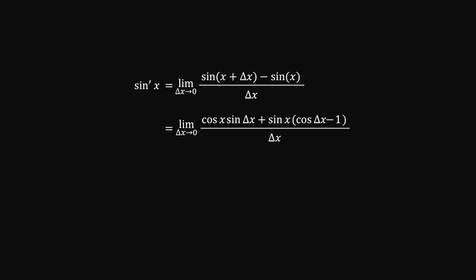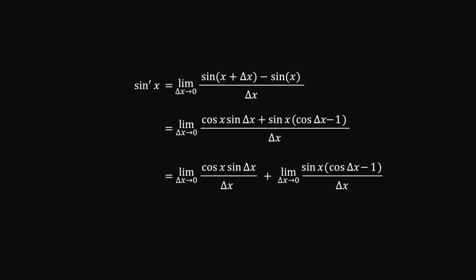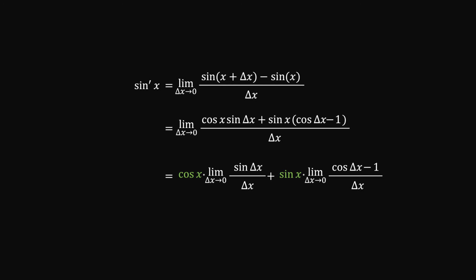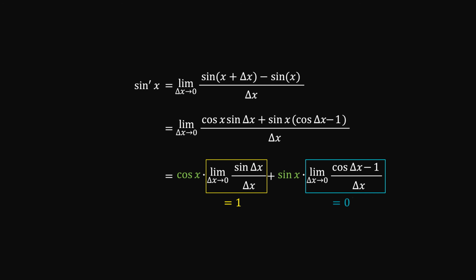Aggregate them, breaking it into two parts, and we will tackle each part individually. When we take the limit, only the terms involving delta x will matter. So we can take sine x and cosine x out of the limit. And this limit is 1. This is 0. I'll explain why.